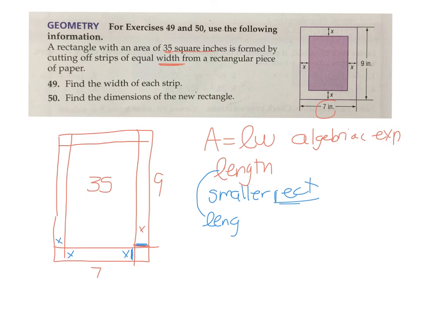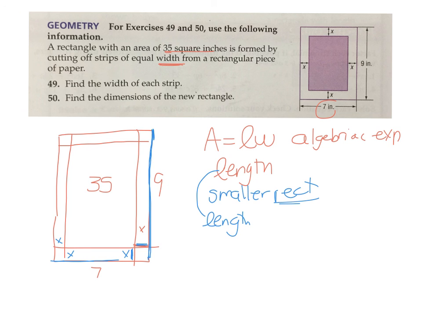Let me just put this here. So it started out that the whole, oh, let's use this one for the length, sorry. I usually say the longer one is the length. Doesn't really matter, but normally the longer measurement is the length.